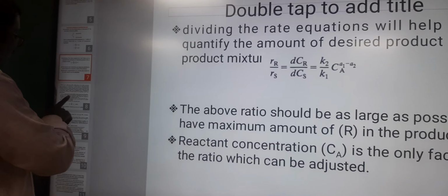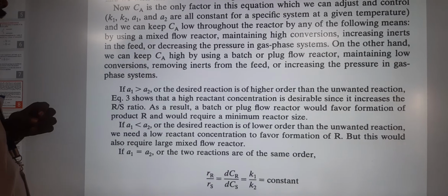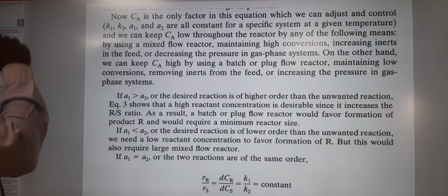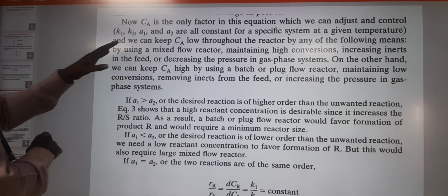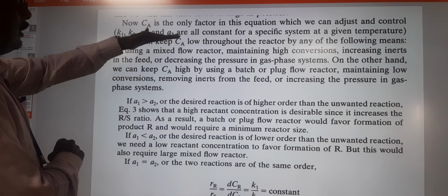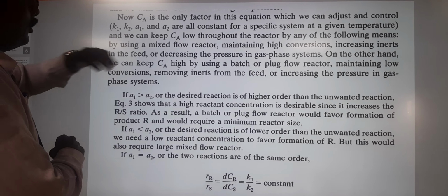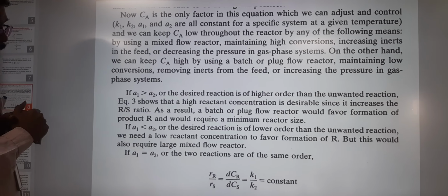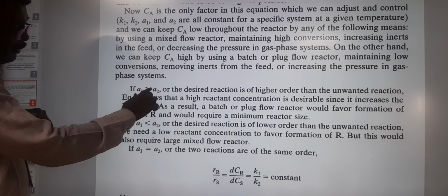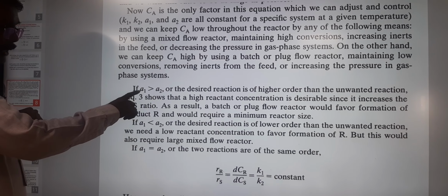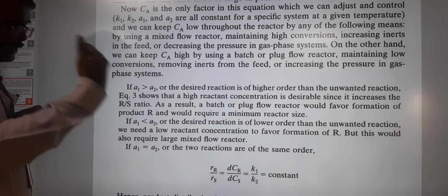So what conclusions can we give here? In this equation, as we know, we have to adjust the value of the concentration. For that, three conditions we have to observe. For example, if A1 is greater than A2, as I told you, A1 is the desired reaction order.